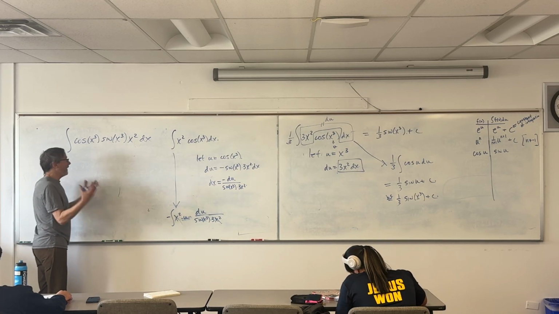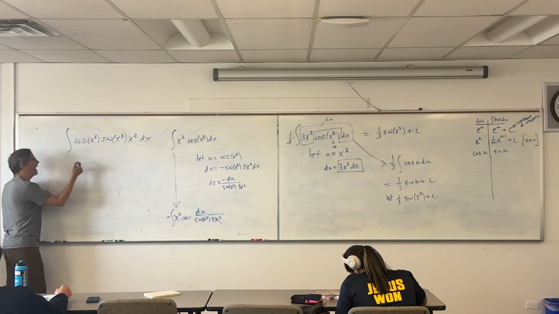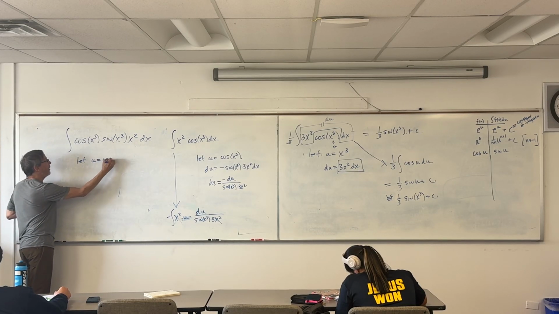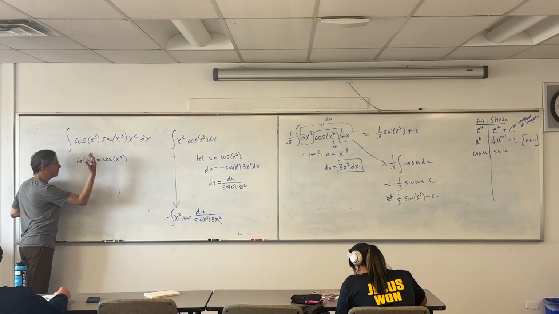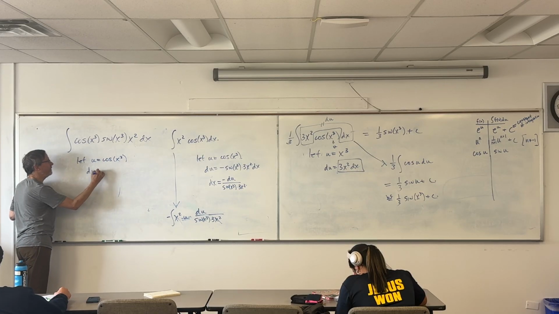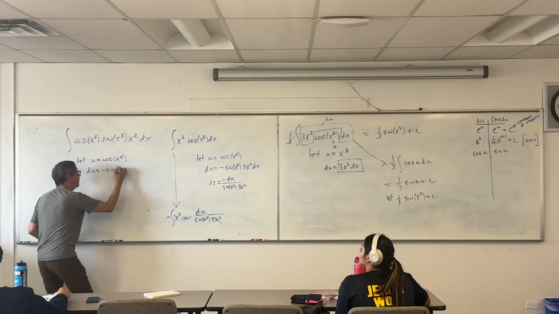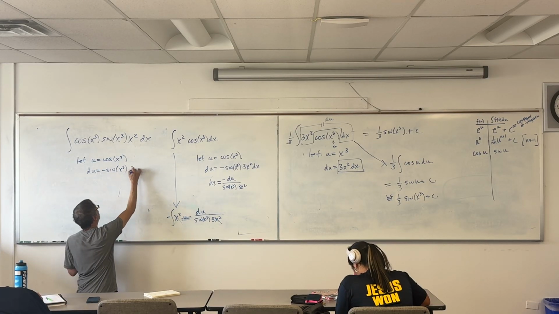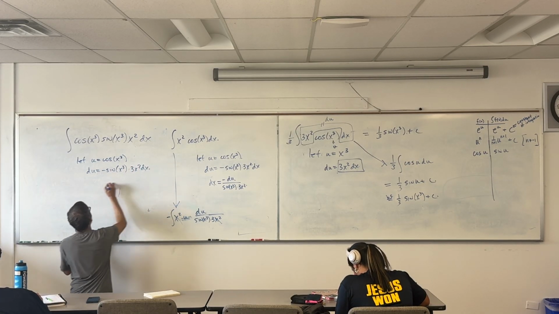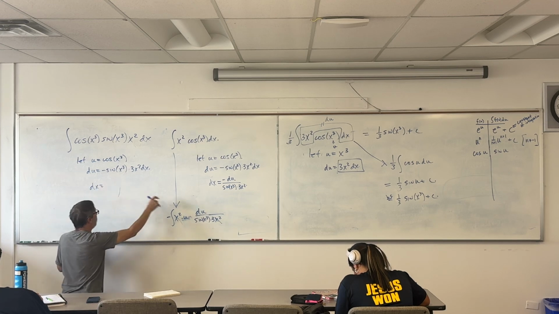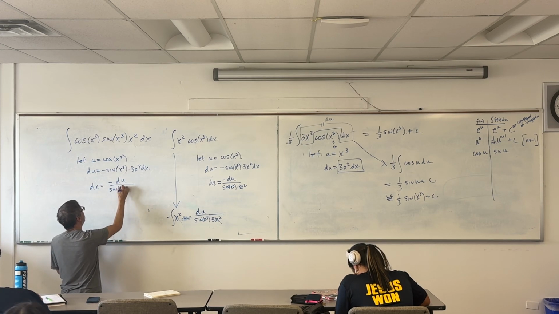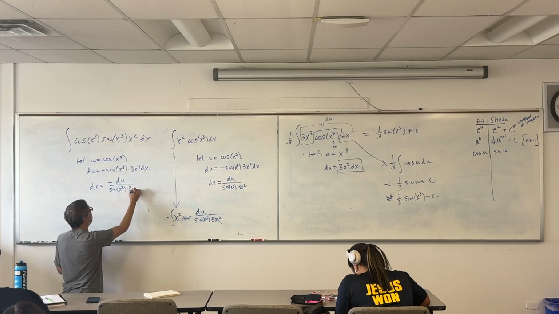Let's say I luck out and let u be cosine of x cubed. Then du is negative sine of x cubed x squared dx, and we did this work already. So my dx is that thing I had, over sine of x cubed times 3x squared.